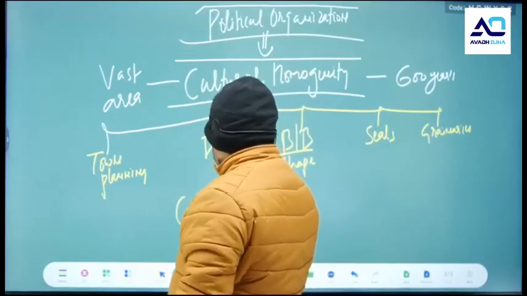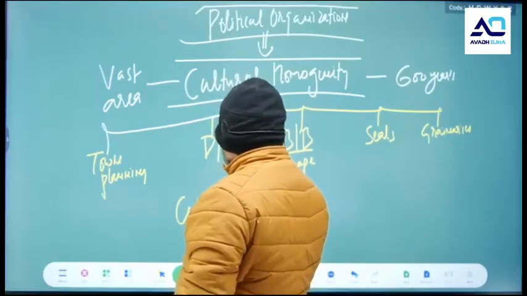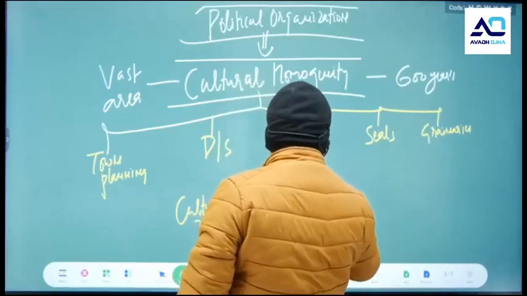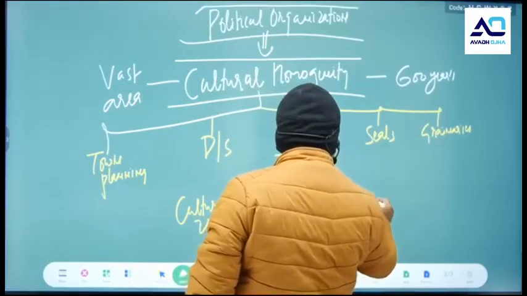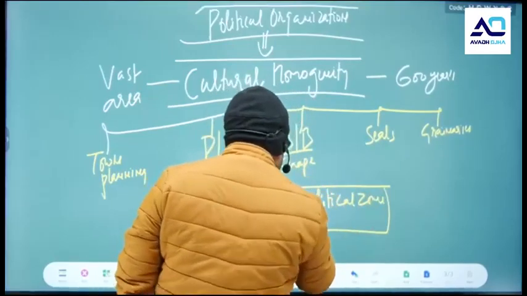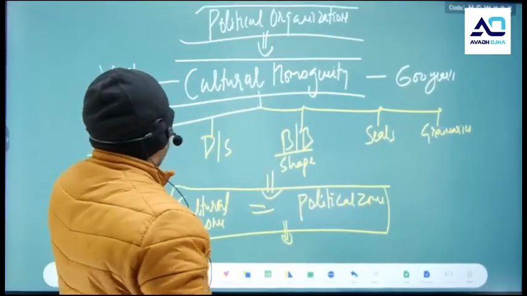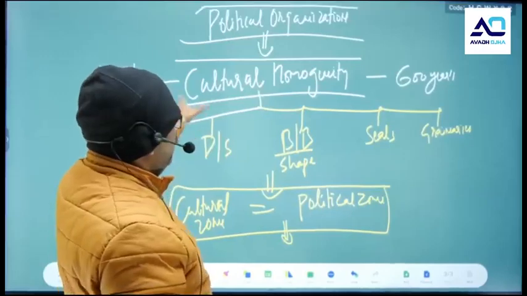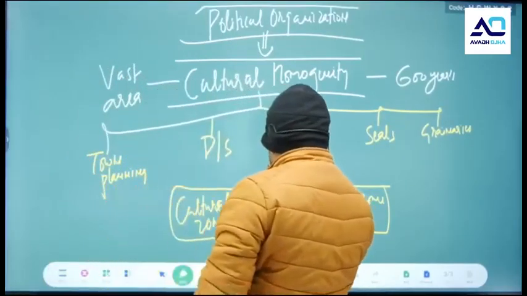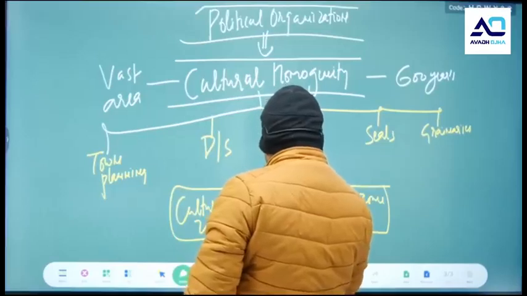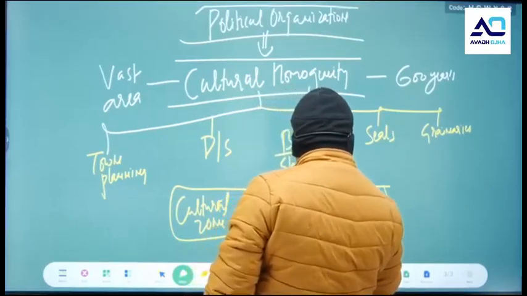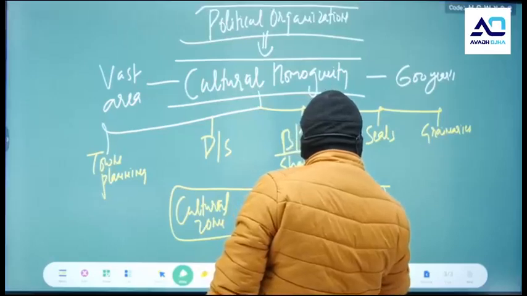If you compare the cultural zone with the political zone, you will come to the conclusion that this homogeneity in a vast area for 600 years was not possible without a powerful central authority.